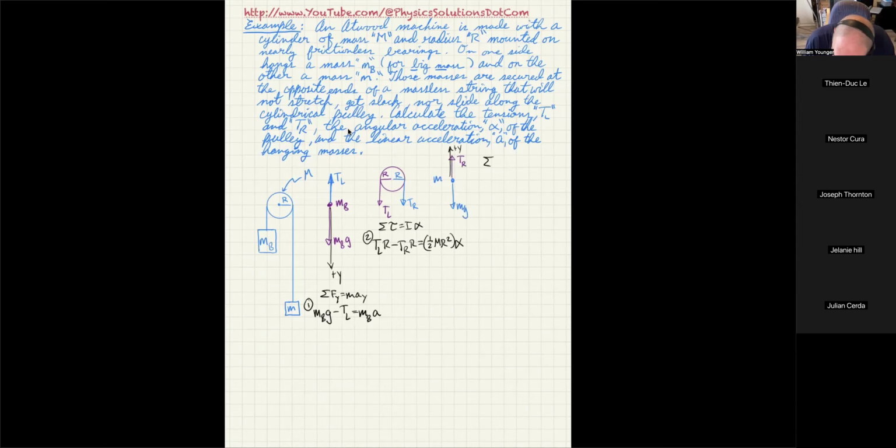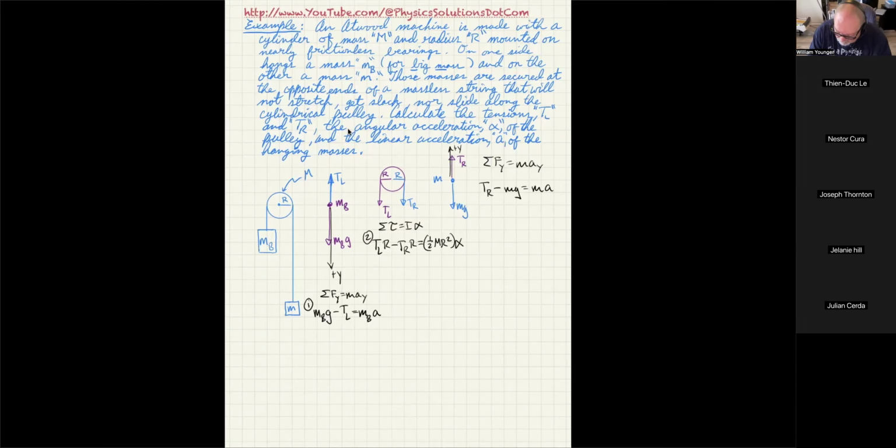Again, the summation of the forces in the y direction is equal to mass times acceleration in the y direction. So in this case, I get T_R minus mg is equal to m times a.